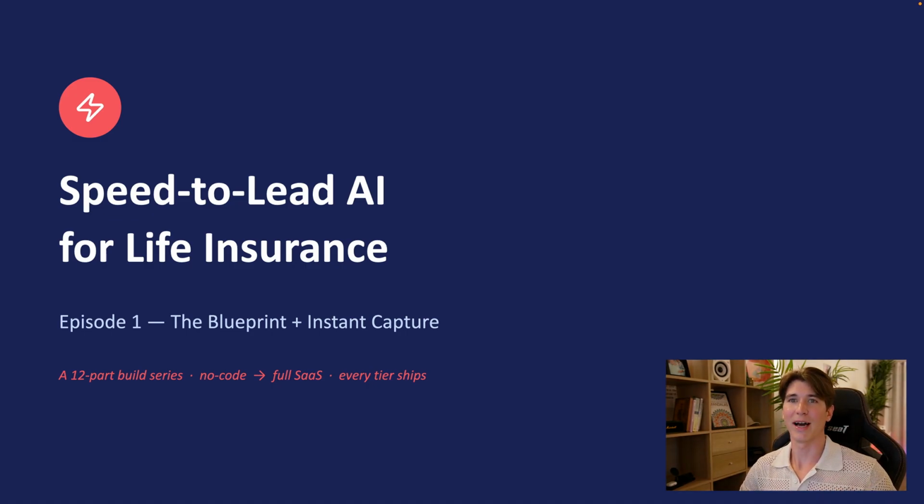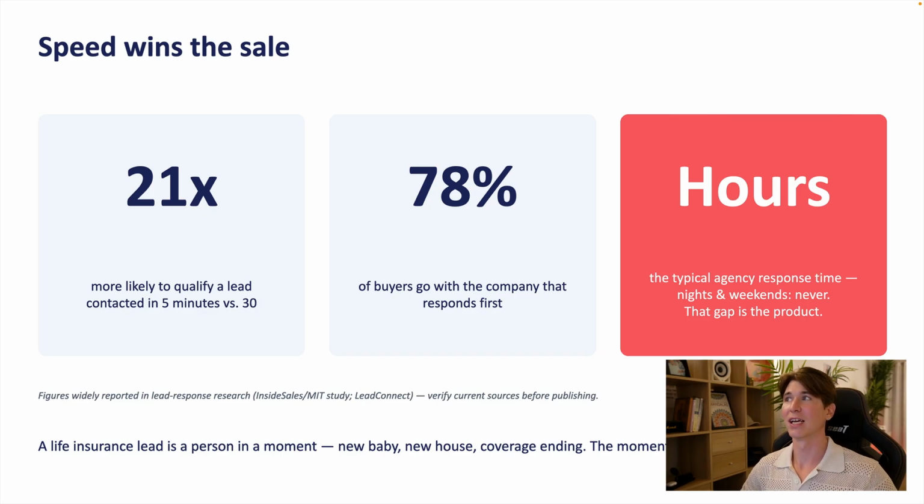So why is this important? Because speed wins. A lead that is contacted within 5 minutes versus 30 minutes is 21 times more likely to be qualified by an insurance company, according to research by Inside Sales and MIT.